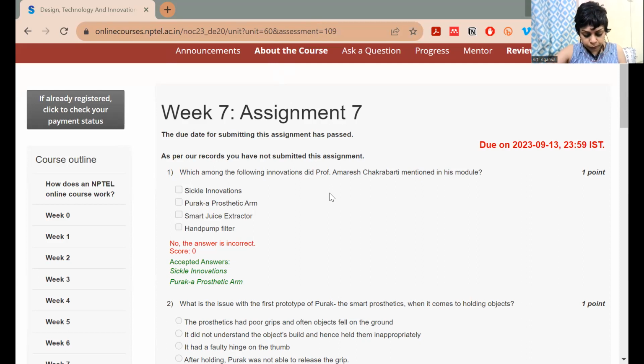So question number 1. The question is, which among the following innovations did Professor Chakrabarty mention in his module? This is actually just right from the lectures itself. Some of these innovations he has directly mentioned in the lecture, and this is not something very deep or very complicated.